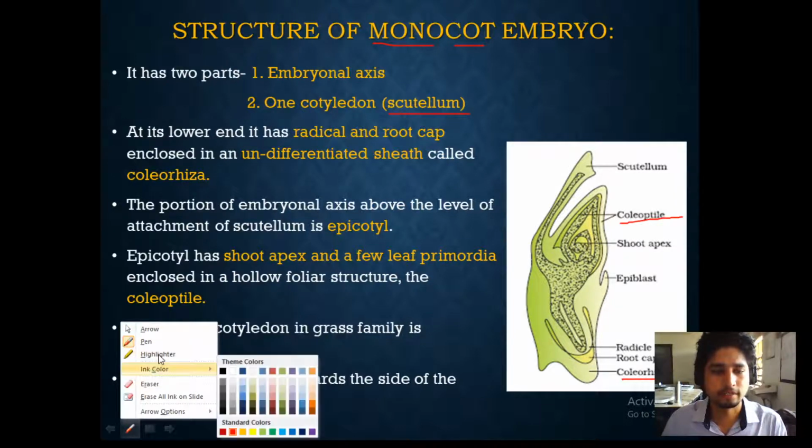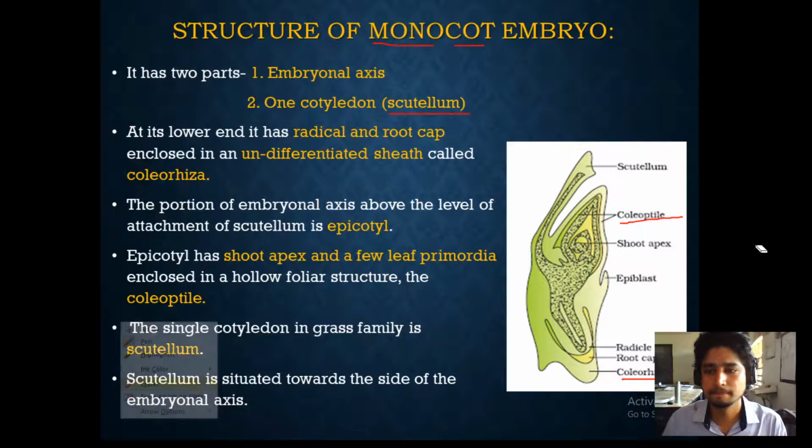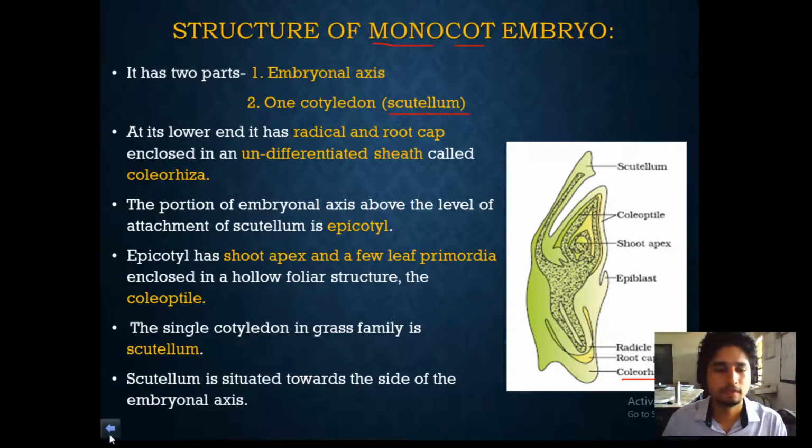Once again, I'll erase this part. Here, the portion of embryonal axis above the level of attachment of the scutellum is again referred to as the epicotyle, the same as in the dicot.